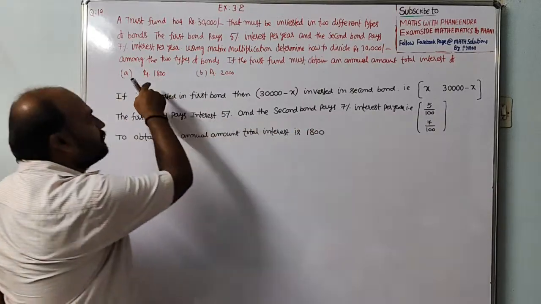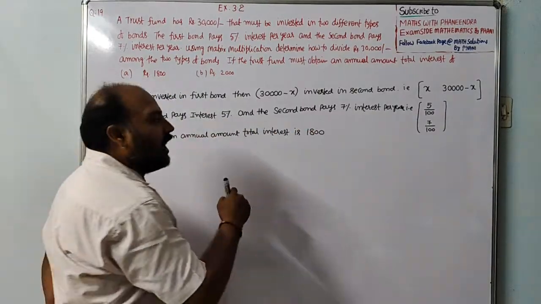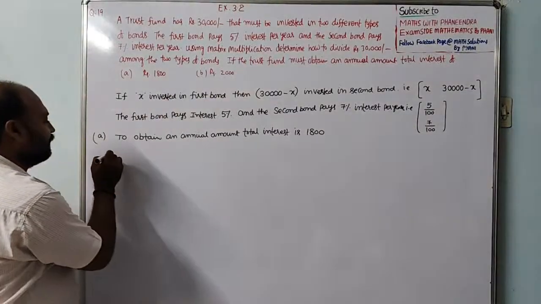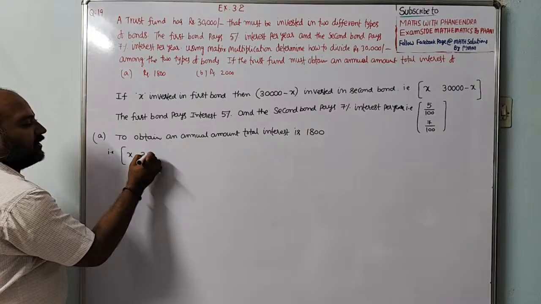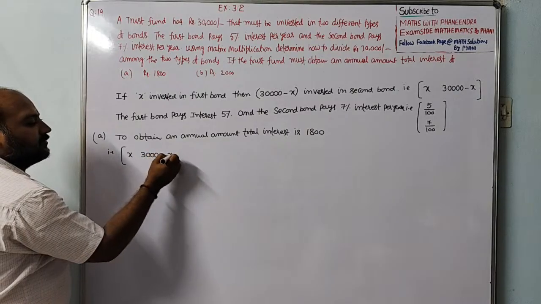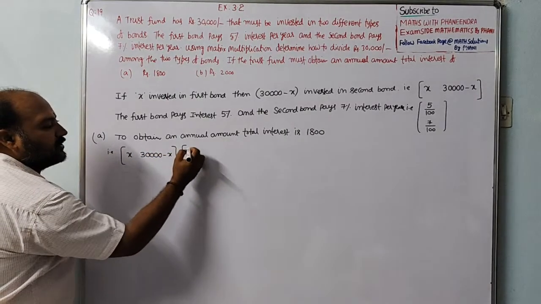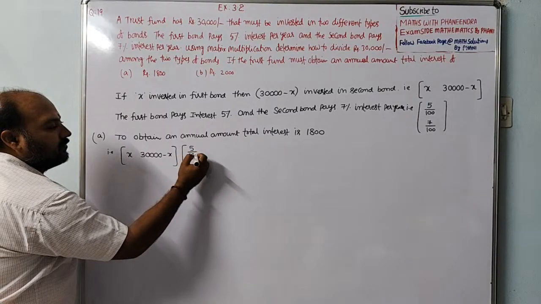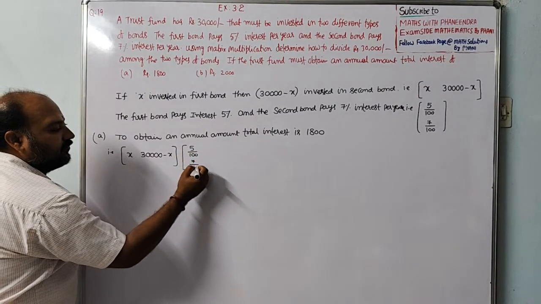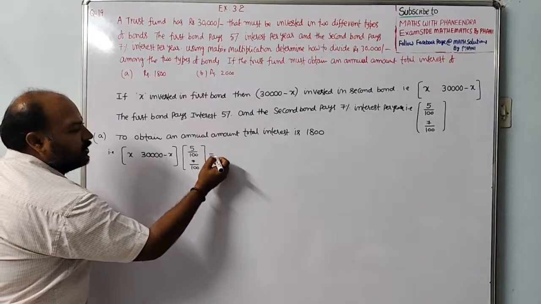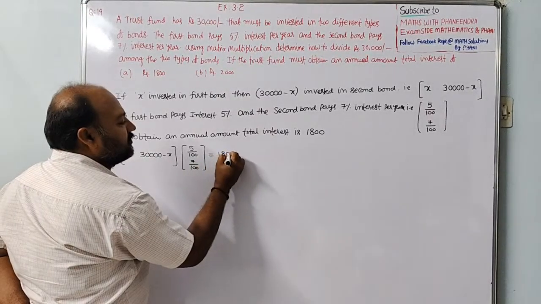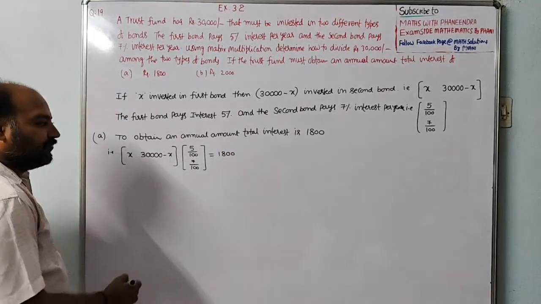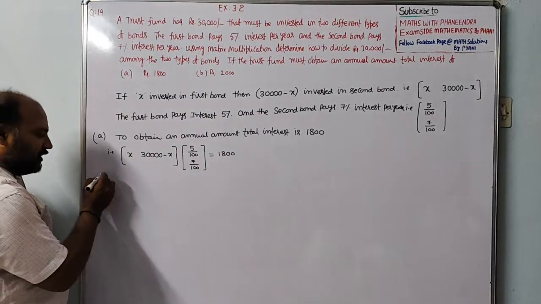This is the first case I am talking about. That is X, 30,000 minus X, times 5%, 7%. This must be equal to, the multiplication of these two is equal to how much? 1800.